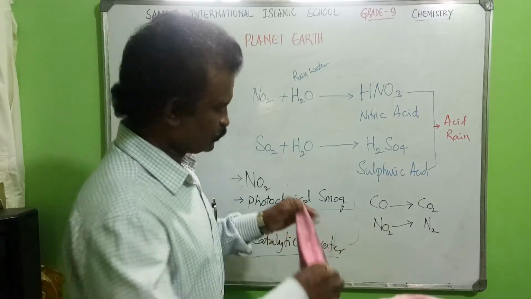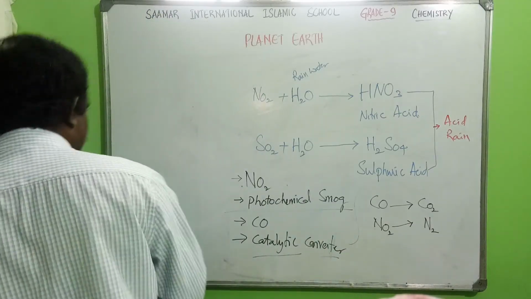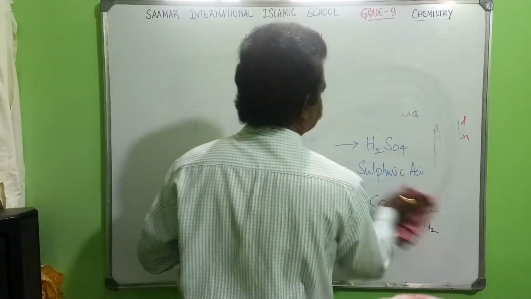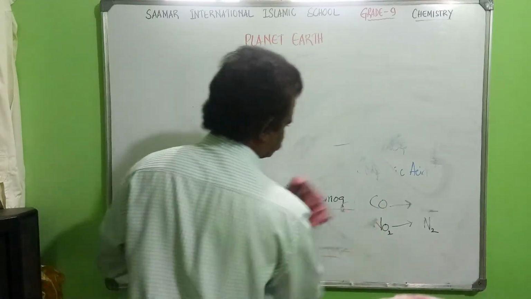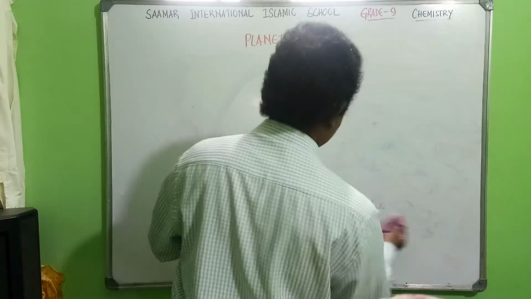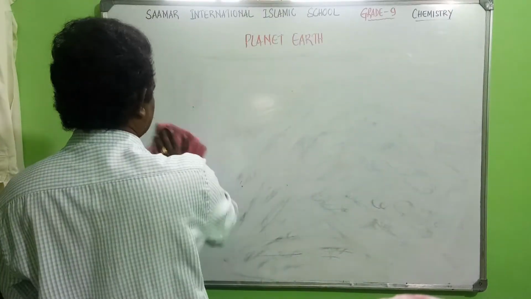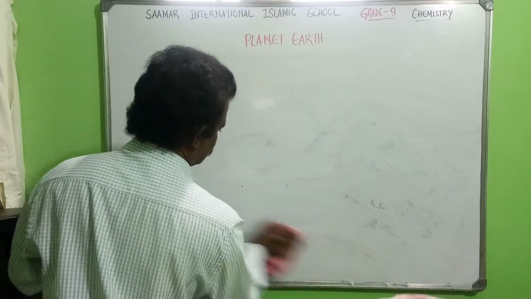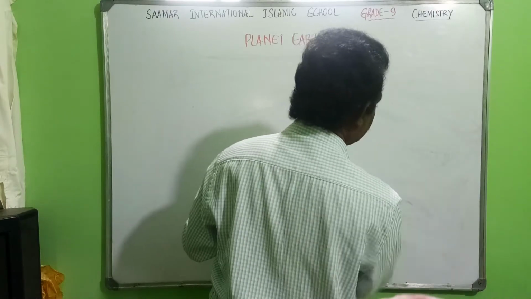Now we are coming to the greenhouse effect. What is the greenhouse effect? We call them greenhouse gases. The gases responsible for the greenhouse effect are carbon dioxide and methane.